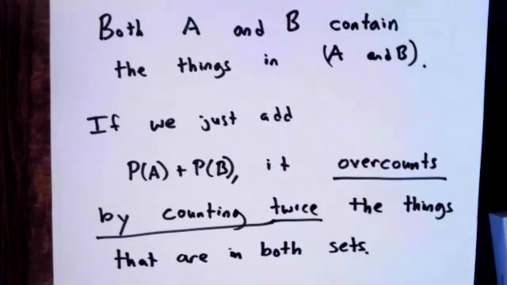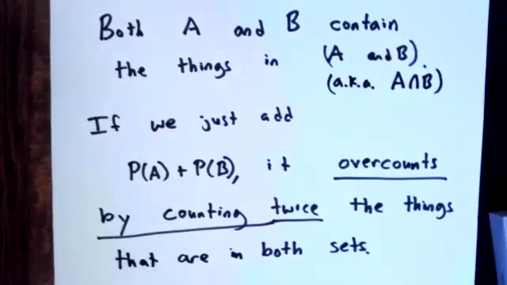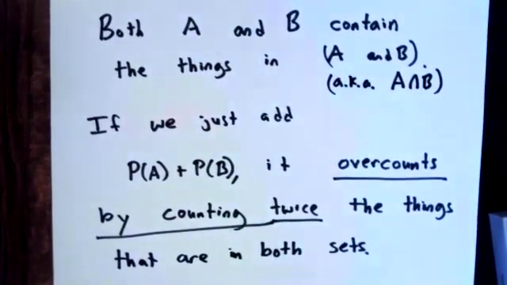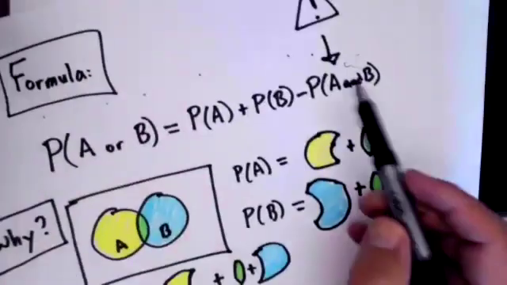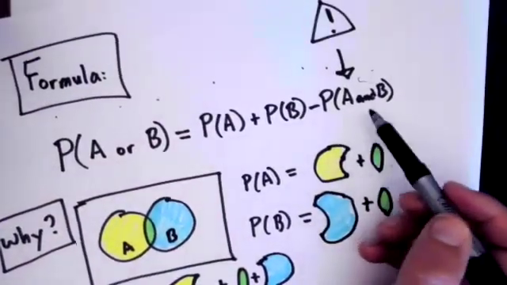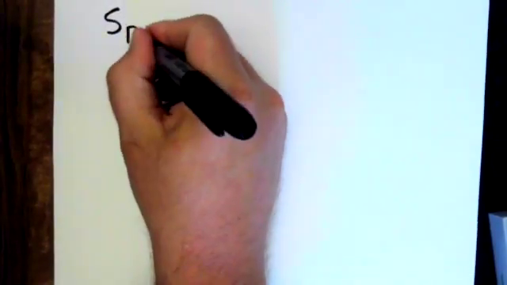Both A and B contain the things in the set A and B. And we'll see later, that's also called A intersect B. If we just add the probability of A plus the probability of B, it overcounts by counting twice the things that appear in both sets. So that's why when you have the formula, it's extremely important to subtract off the probability of A and B so you don't overcount.